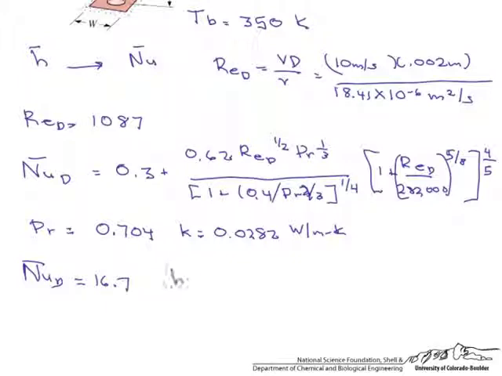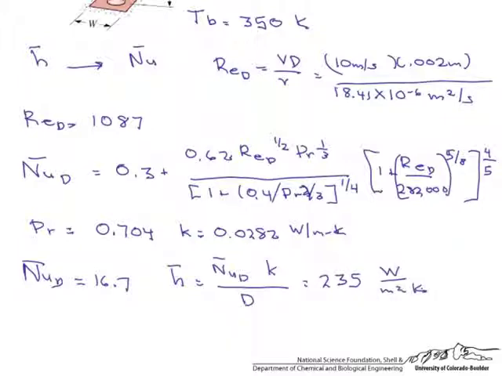So our H bar equals Nusselt sub D times K, as I said we're going to need that, divided by D, which equals 235 watts per meter squared K.